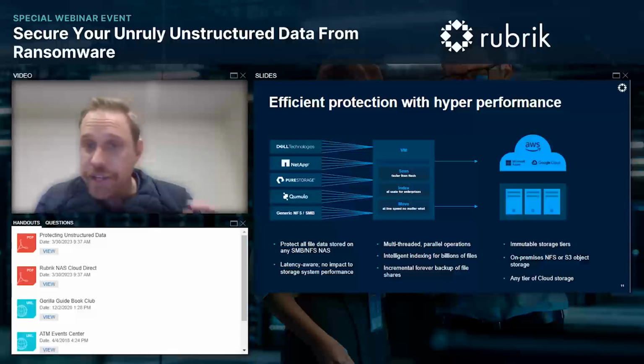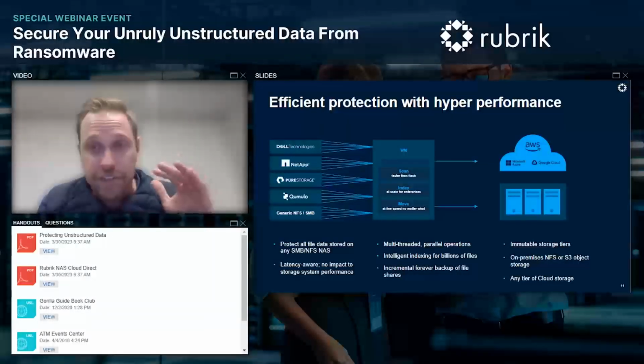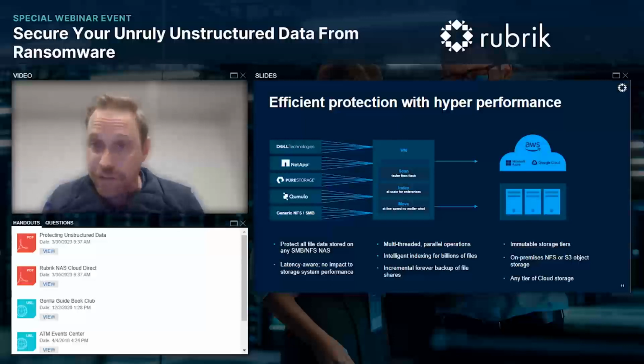And lastly, we can write this data to any target on-premise or any immutable target. And why you see two arrows there is we're able to have a single backup written to two different locations and with two different retention times. So I have a customer that has different SLAs on recovery for their data, and they want to have an insurance copy, but also a fast recovery of data.